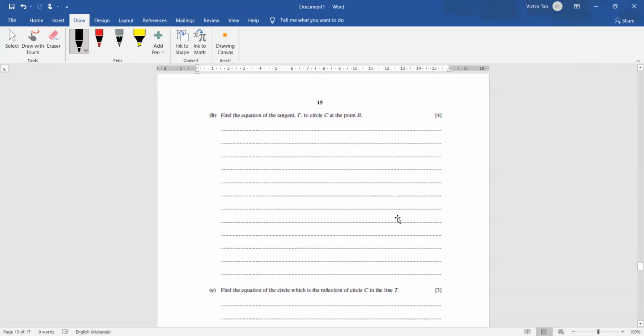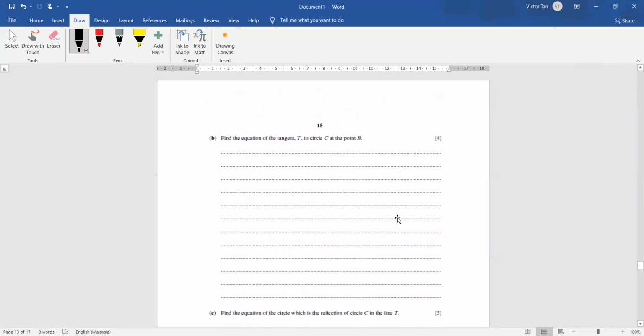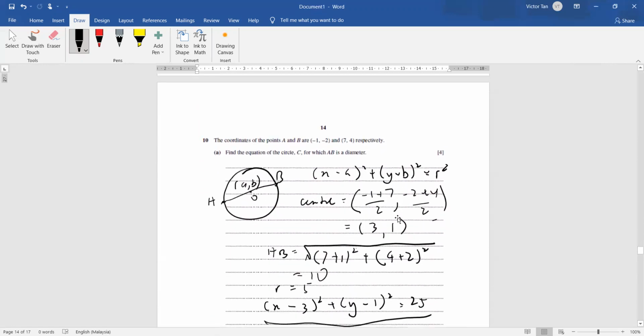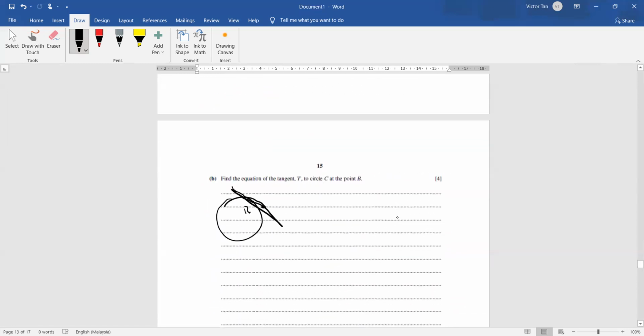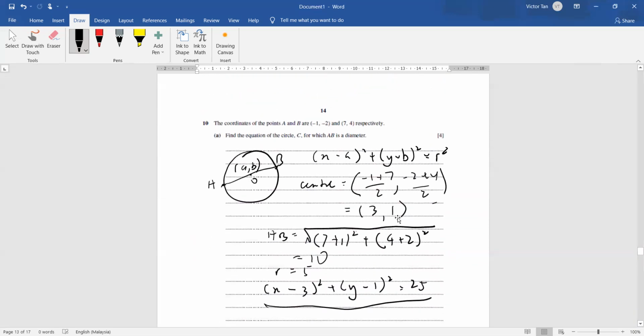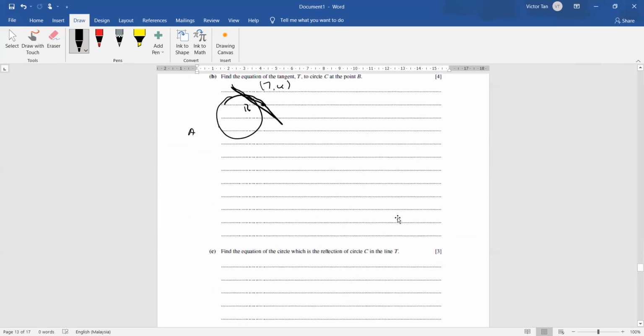Find the equation of tangent T to the circle at point B. So again, you have the circle, point B, this is the tangent. Point B is 7, 4. Point A is minus 1, minus 2.